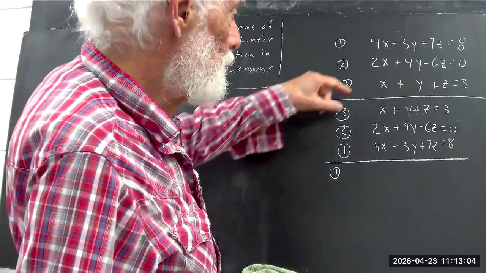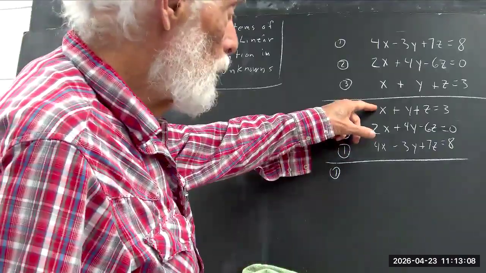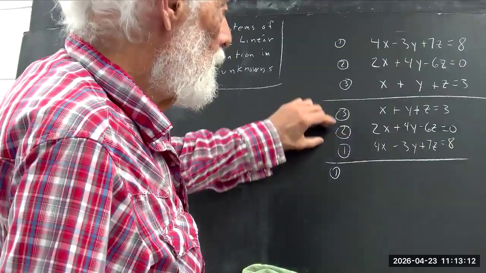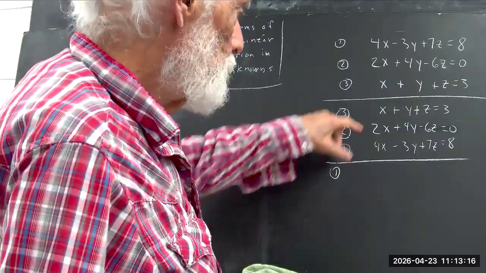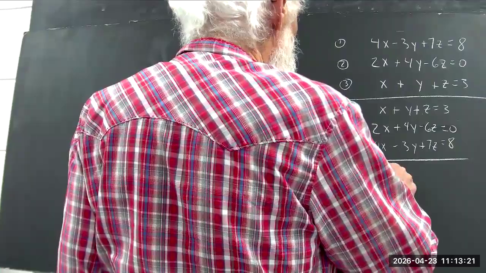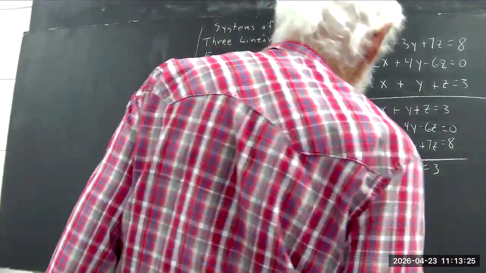That's because it was equation 3 from the previous step. But now it's equation 1, equation 2, equation 3 in order, no matter where they came from, okay? So equation 1 of the present step is x plus y plus z equals 3.